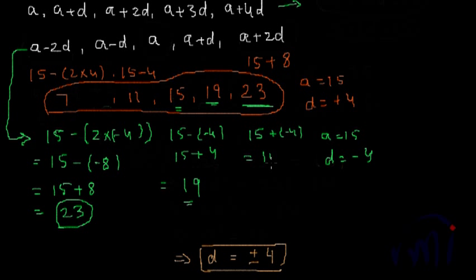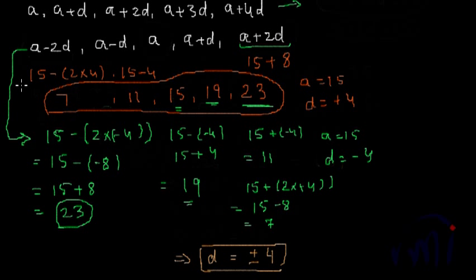So this will be 11, right? And the fifth term when we put d is equal to minus 4 will become 15 plus 2 multiplied by minus 4. This will be equal to 15 minus 8, that is equal to 7, right?